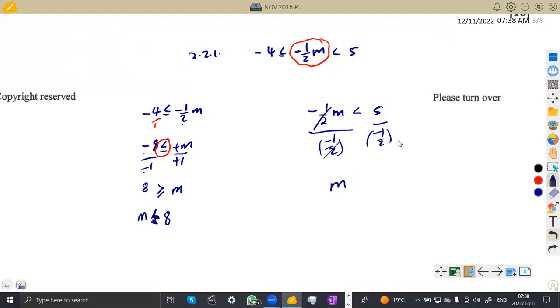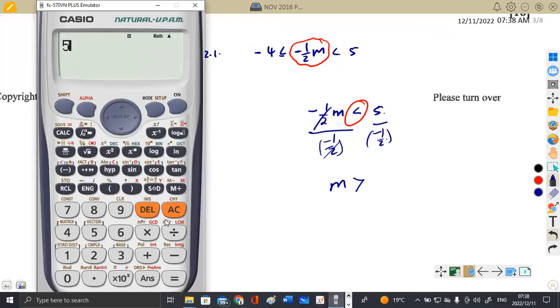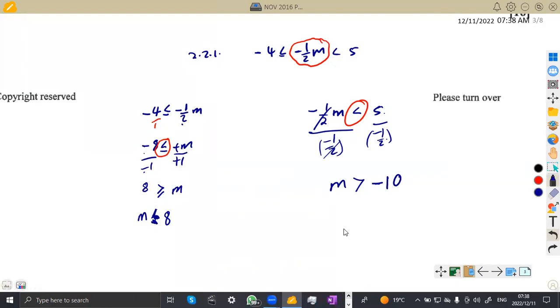This cancels here, but take note, it's a -half, so the inequality sign is going to reverse. This will be greater than. So it's 5 divided by -half, which is actually -10, or you can prove on your calculator 5 divided by -1/2. We are going to obtain -10. So m is greater than -10.